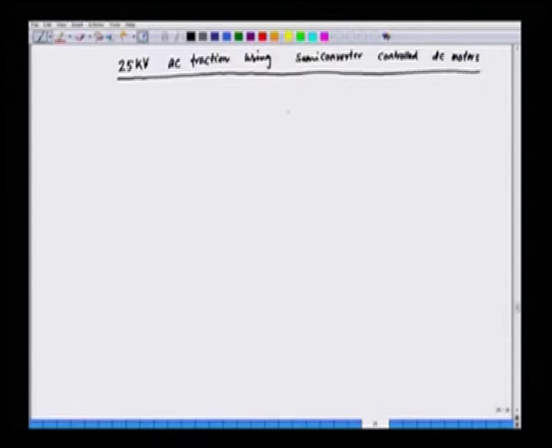So, let us see the power circuit here. What we have here is the input AC, and the input AC is obtained at higher voltage, that is 25 kV, 50 hertz, single phase, and then we have a semi control converter.